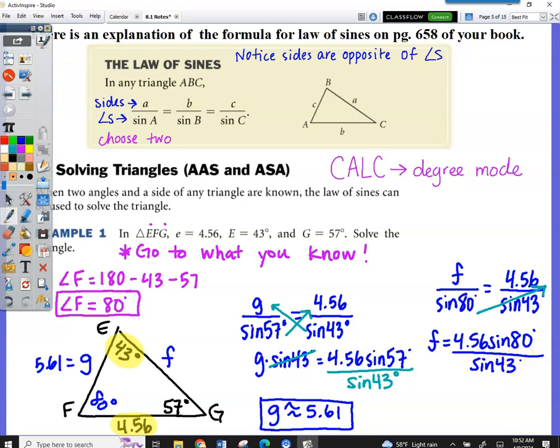And that's what you would type in your calculator. You get 6.58.